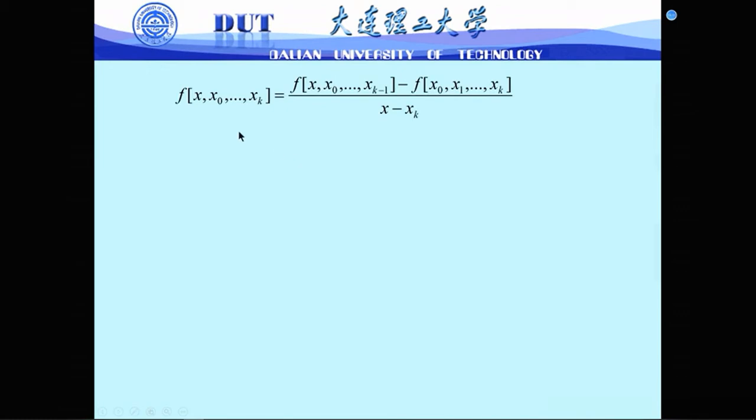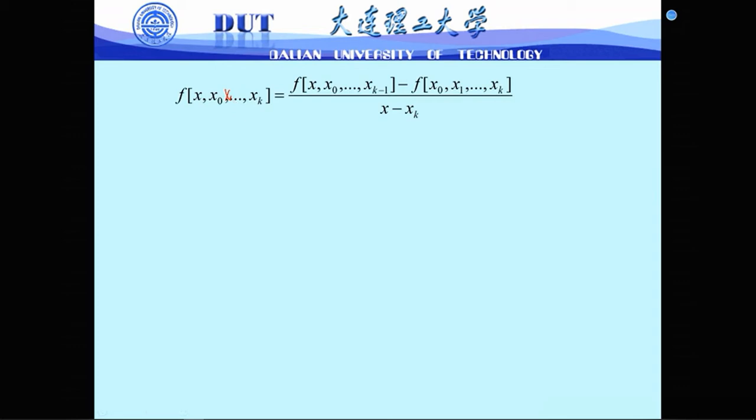Okay, here we consider the k plus 1 order divided difference. Now we have k plus 2 nodes, because here x0 and the next should be x1, right? x1 to xk, and x. So we have k plus 2 nodes. That means here it should be the k plus 1 order divided difference.